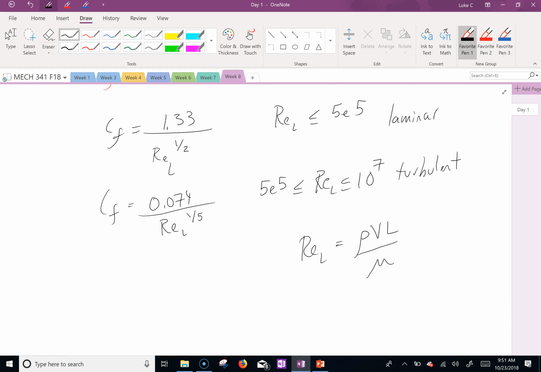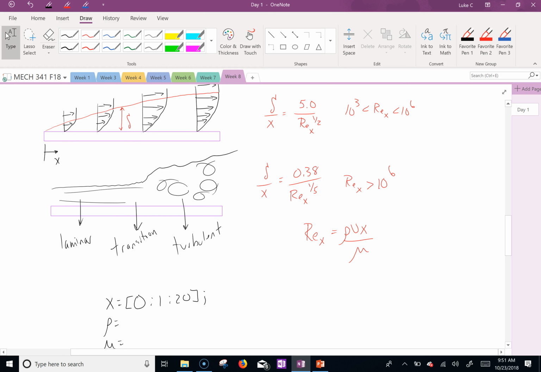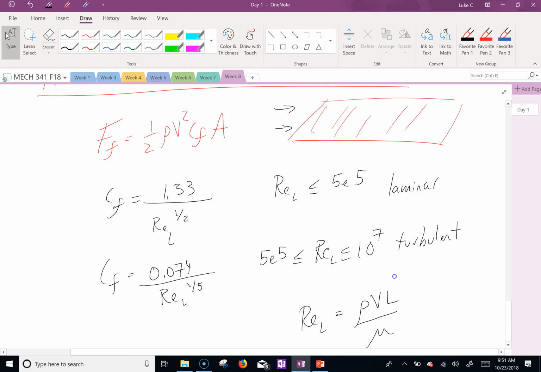You remember how in the boundary layer we had Re subscript x? The x just tells you that's the dimension you're going to plug into the Reynolds number. That's all. So yeah, the L is just length. It's not specifically saying length. Good question.